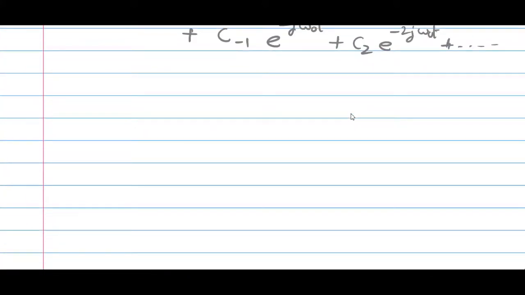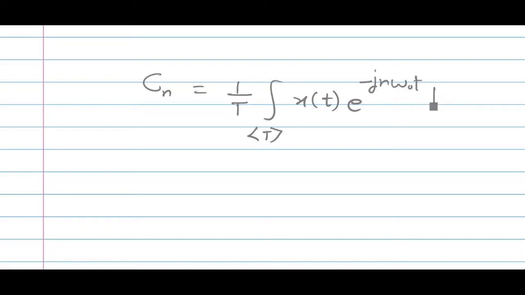Here Cn is the exponential Fourier series coefficient and it is given by the formula Cn equal to 1 by T integration over one period T. The period can be 0 to T or minus T by 2 to plus T by 2, of x of t e raised to power minus jn omega 0 t dt. By this formula we can calculate Cn.